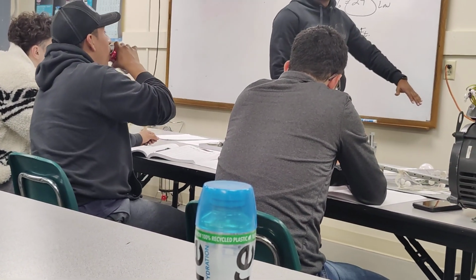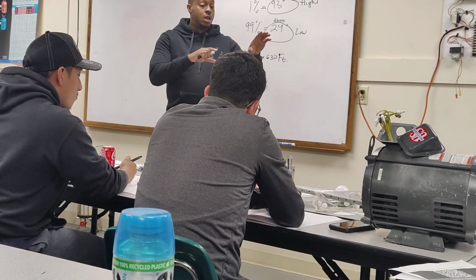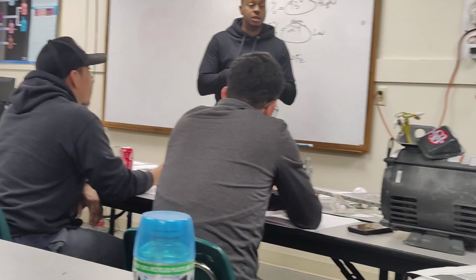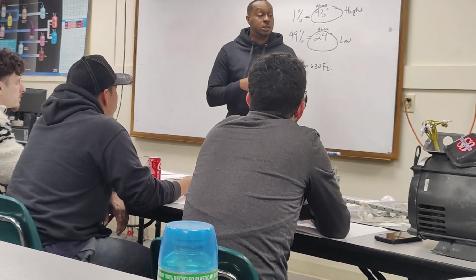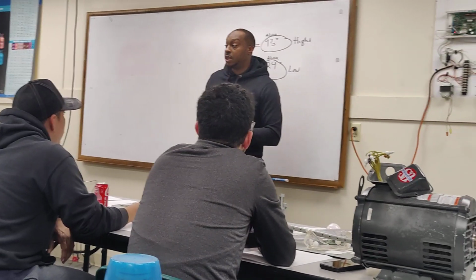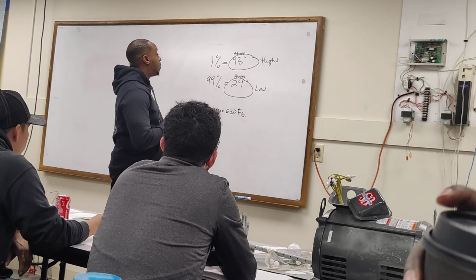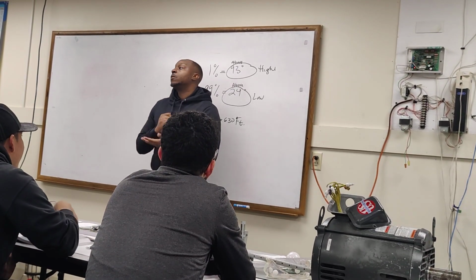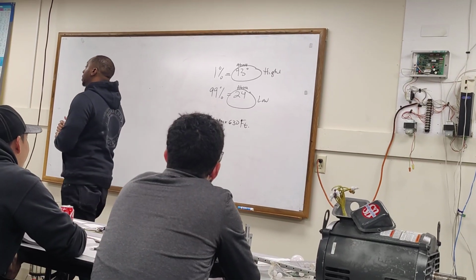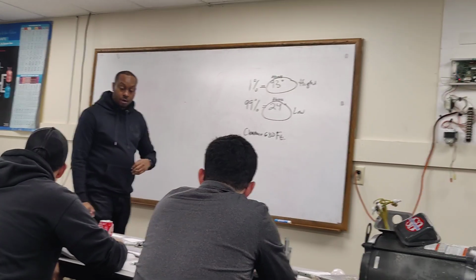Okay. So real quick, we're going to do a couple of exercises so you get used to using the chart. This is important for you to understand, cities and states. A lot of times they're not going to give you the state, they're going to give you the city. So right now, if I tell you to go find me the 1% dry bulb number for Albuquerque, where's Albuquerque at?